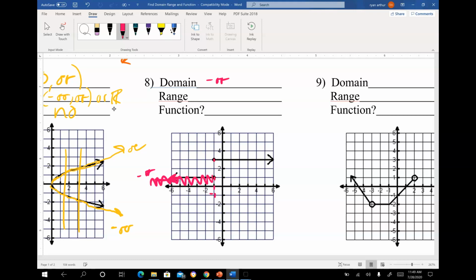It picked up at -1. So did I skip an x value? No, I didn't. So it's not continuous graphically, but your x values, it didn't miss one. So I'm going to keep going to the right up here, and that's going to be approaching positive infinity. So my domain here is negative infinity to positive infinity, or all reals, okay?